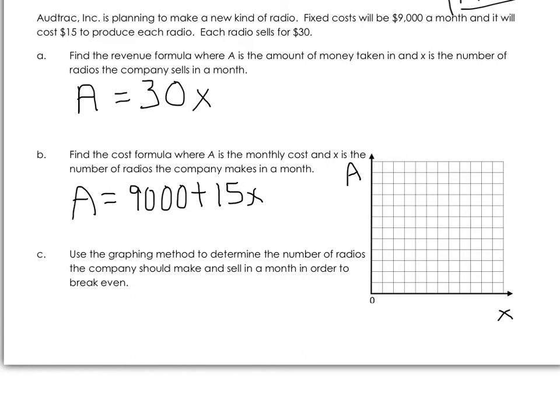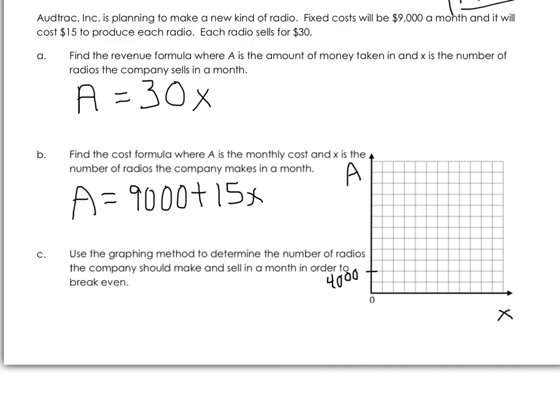So what should our scales be here? Well, we know that A has to go up to at least 9,000. So why don't we make it 2,000, 4,000.